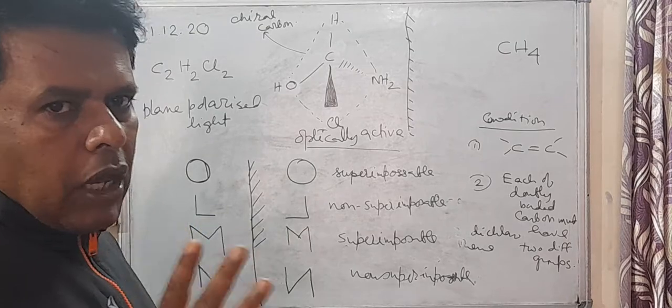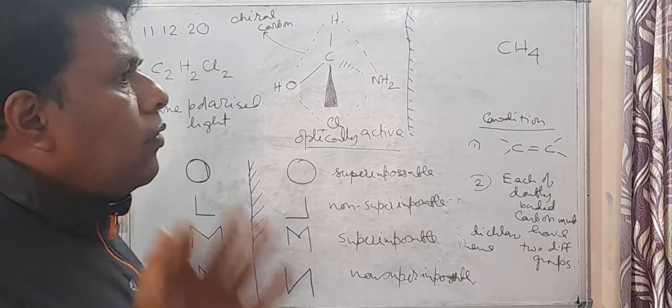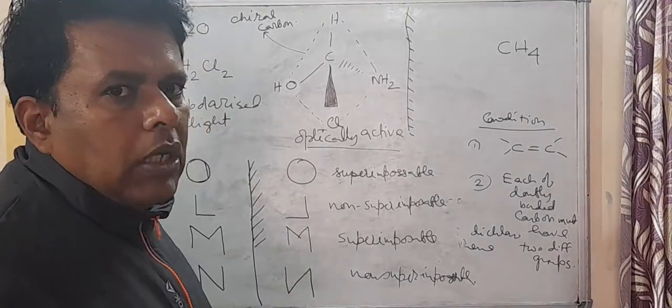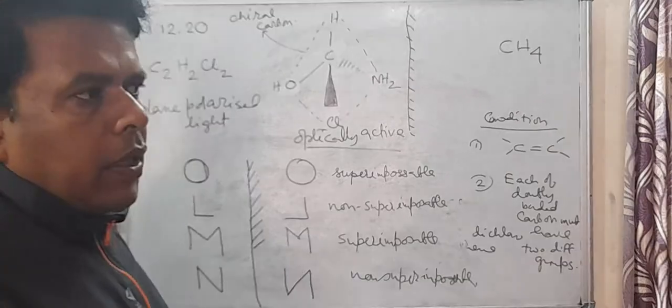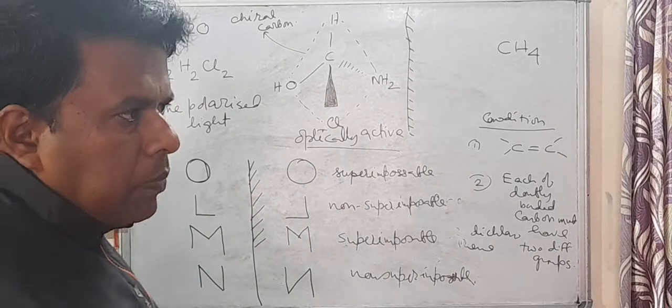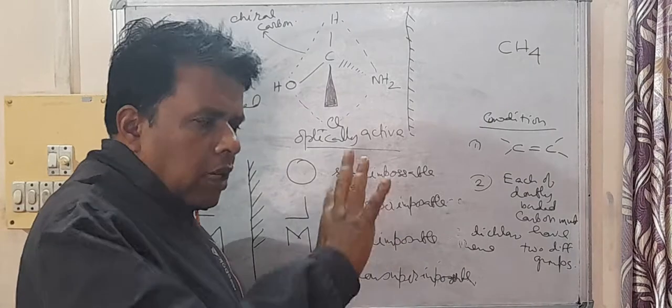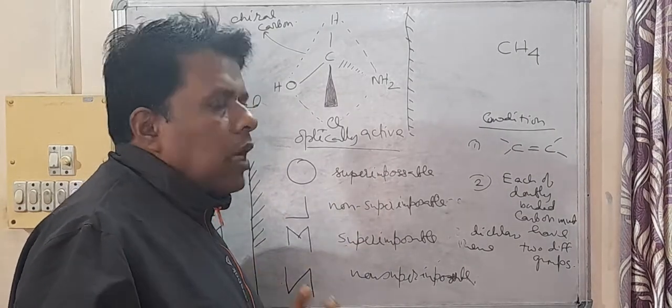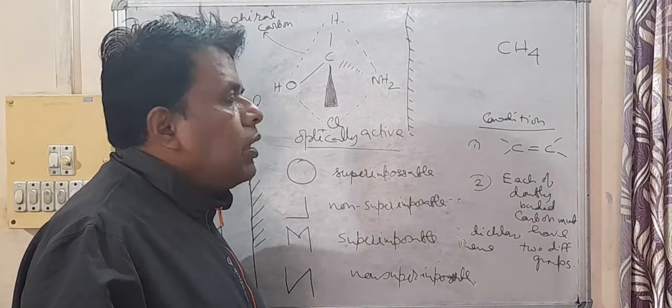And if there occurs deflection, then we say that the compound is optically active. If when we pass plane polarized light nothing happens, then we say that the compound is optically inactive.